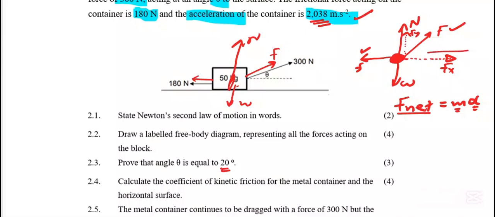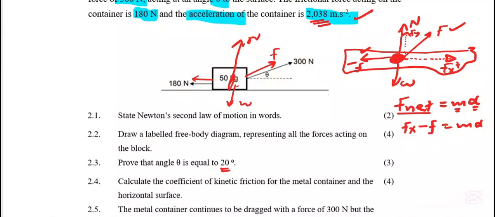So we accelerate horizontally, which means we are going to use the horizontal forces. So this one will be negative, it's opposing the motion, then this one is positive. So Fx is positive, friction is negative, which is equal to ma.